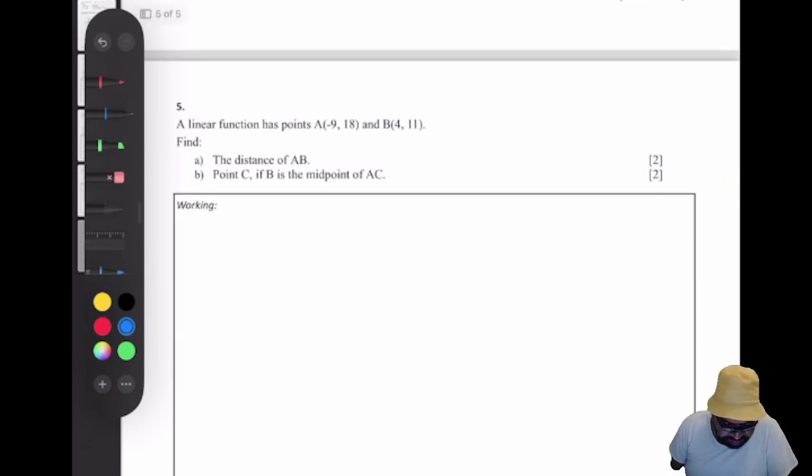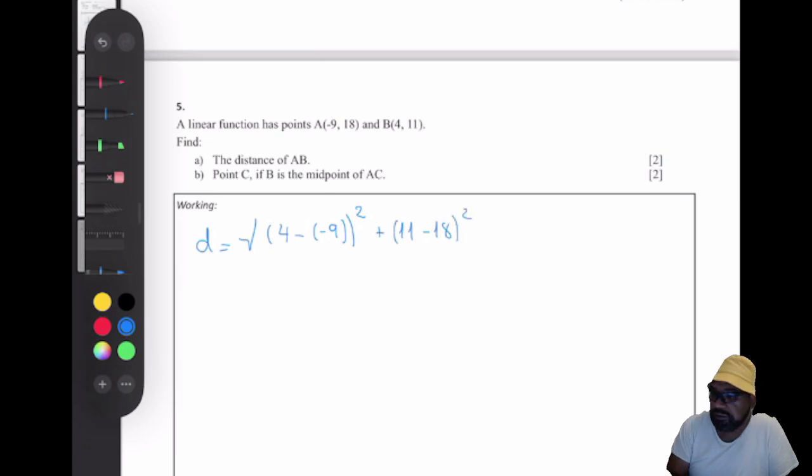A linear function has points A (-9, 18) and B (4, 11). Find the distance of AB. Guys, here we have to use one of the equations that will be given in the assessment, also the distance formula, which is the square root of what? Parentheses 4 minus parentheses -9, and we close the parentheses to the second power, plus 11 minus 18, parentheses, second power.